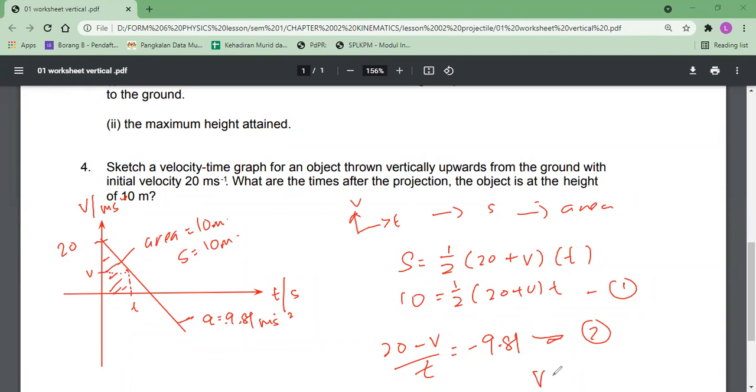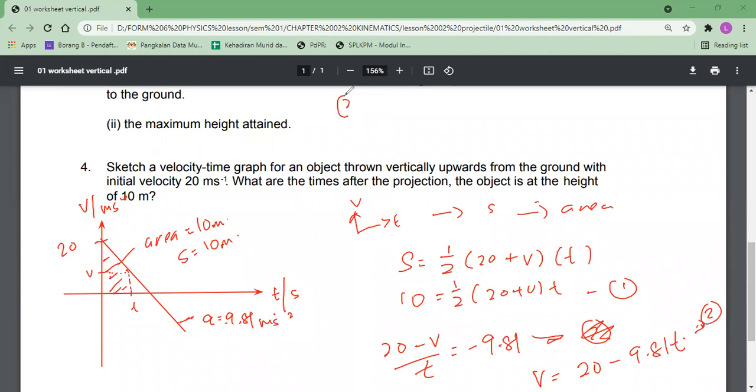From here, v is equal to 20 minus 9.81 t. So v is equal to 20 minus 9.81 t. Let's say this is equation 2.